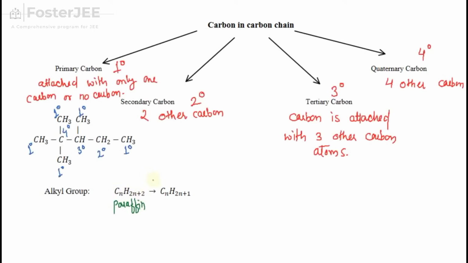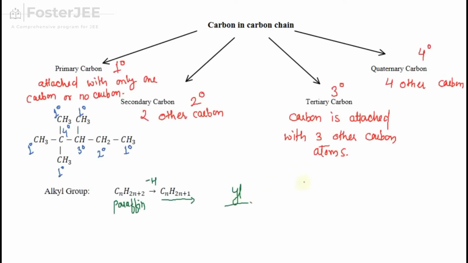So when there is removal of one hydrogen atom from paraffin, the radical formed is known as alkyl, having molecular formula CnH2n+1. The suffix used for alkyl is yl.